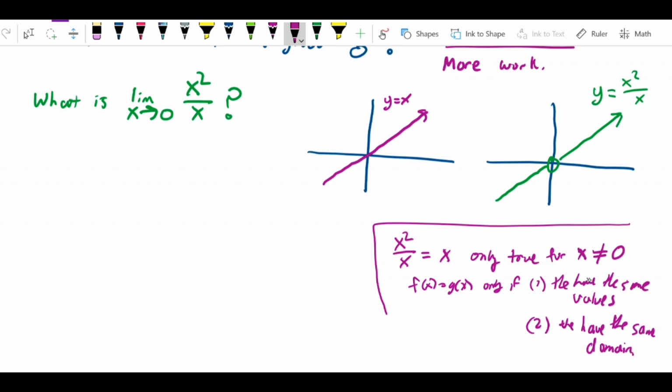So the issue is that although these functions, the purple and green functions, have the same values every place where they're defined, their domains are different because the domain of the green function excludes x equals 0, while the domain of the purple function does not.